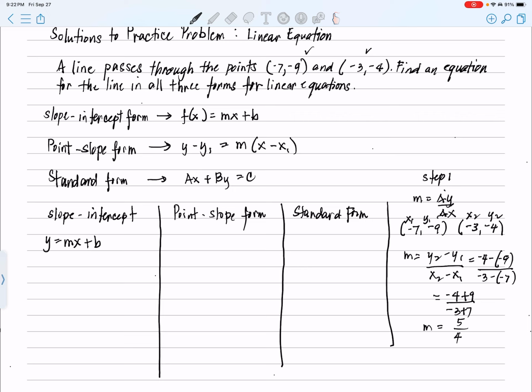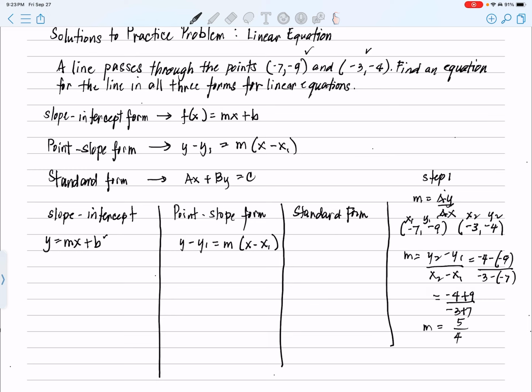But I cannot use the y equals mx plus b because the y-intercept is not given. So might as well, I'm going to use the point-slope form, which is y minus y sub 1 equals m times x minus x sub 1, since there is a point given and we know the value of the slope.